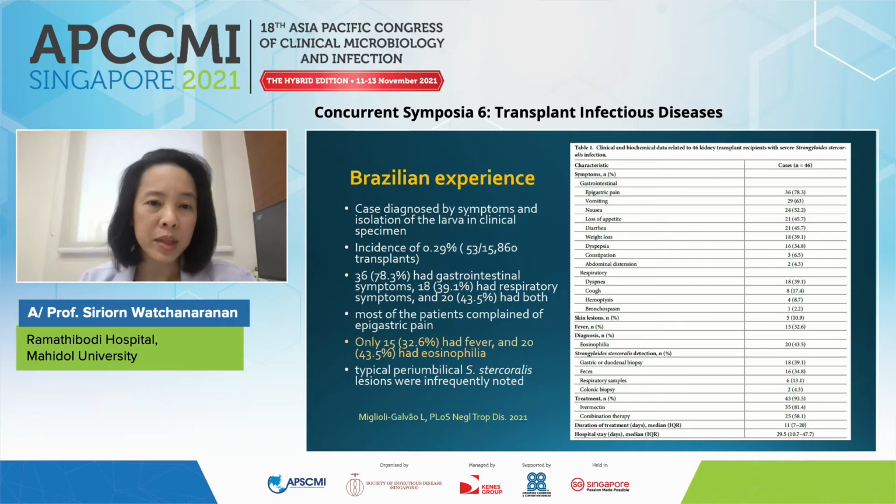You can also see respiratory symptoms in about 40% and GI or respiratory symptoms in about 43% of cases. Only about 30% had fever and about 43% had eosinophilia. Typical periumbilical lesions were infrequently noted. Next slide.